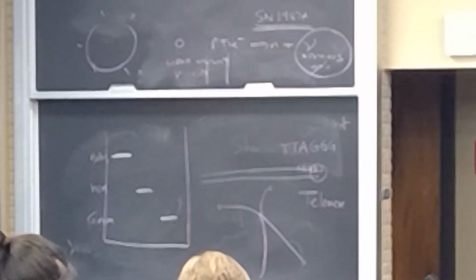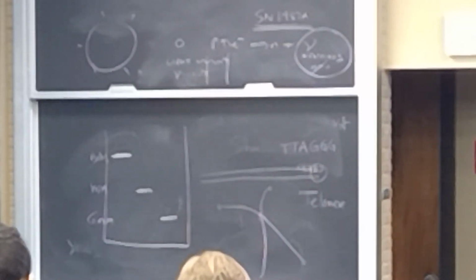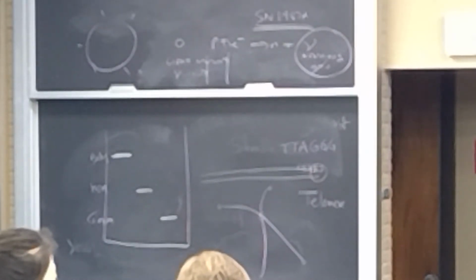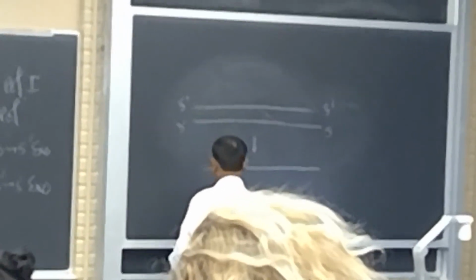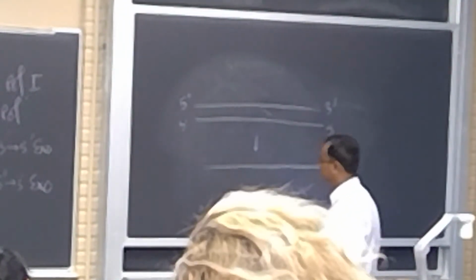Now let's talk a little bit about telomeric DNA replication, the linear DNA. We have two strands of the DNA, 5 prime to 3 prime, and 3 prime to 5 prime. We separate them.